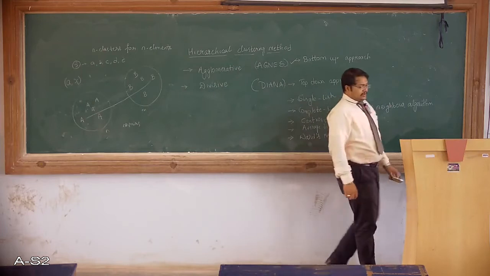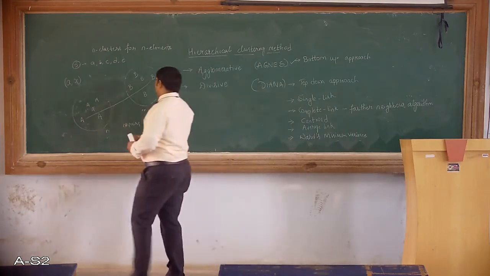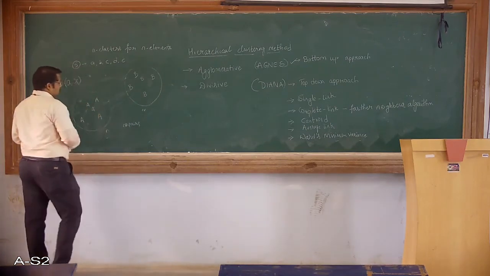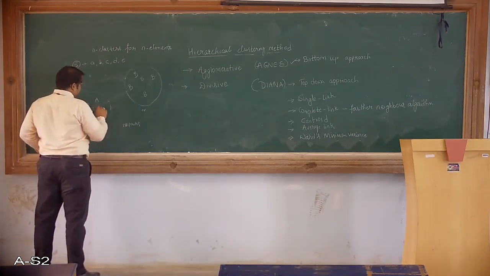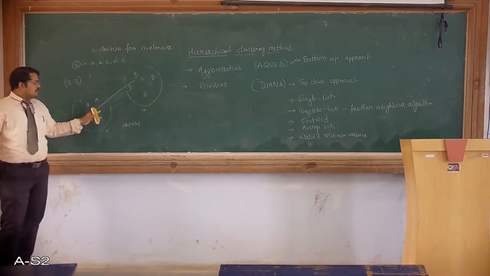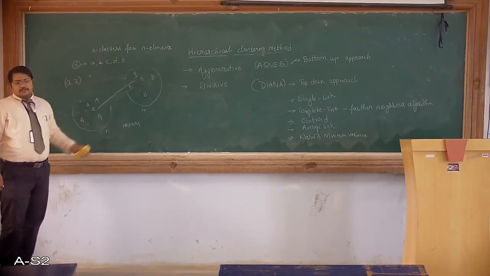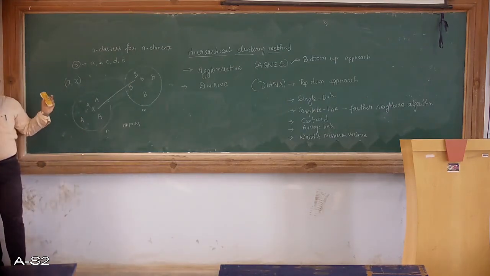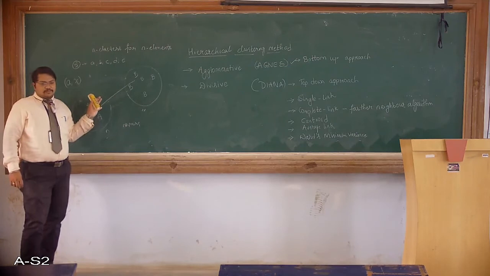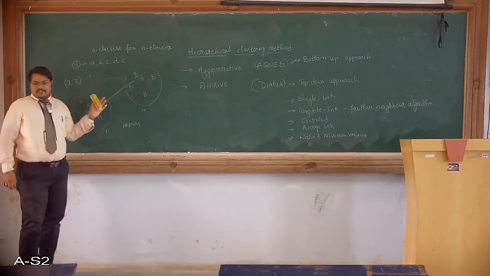Next is the centroid. In this, what we are going to do is compute the distance between the centroids of both the clusters. Suppose this is my centroid in cluster A and this is my centroid in cluster B. The distance between the centroid of cluster A and the centroid of cluster B, whatever the distance is, we are going to have it.